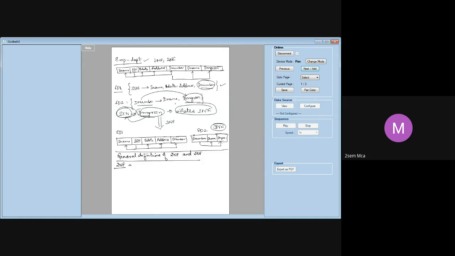A relation schema R is said to be in second normal form if every non-prime attribute is not partially dependent on any key of R. What did we say at that time? All functional dependencies should be full functional dependencies. Now we are saying it should not be partial. Both are the same, correct? Just a different way of stating second normal form.